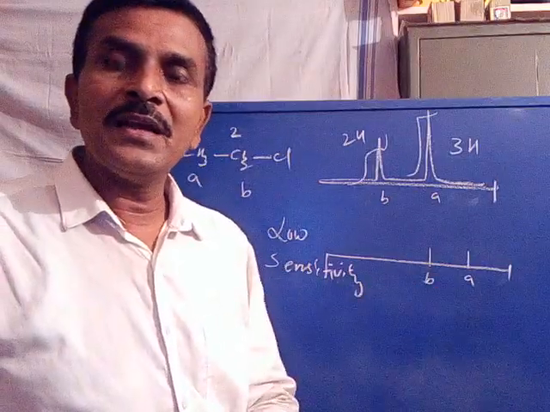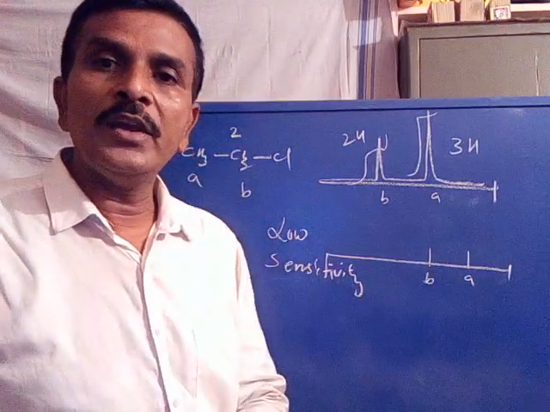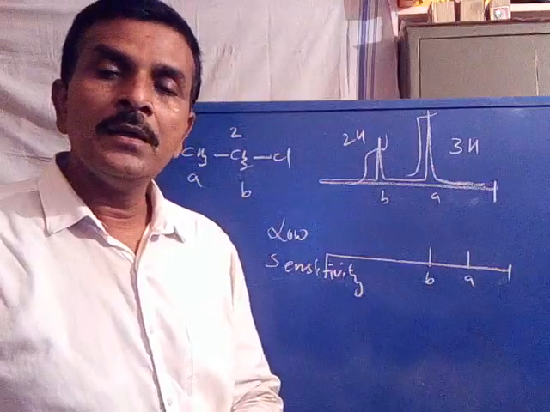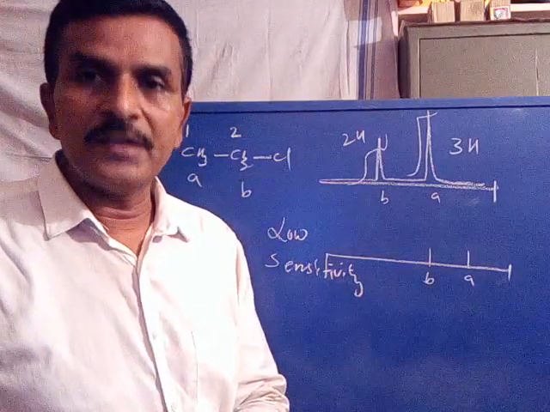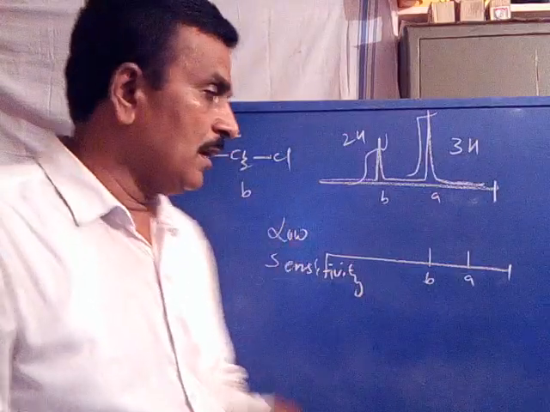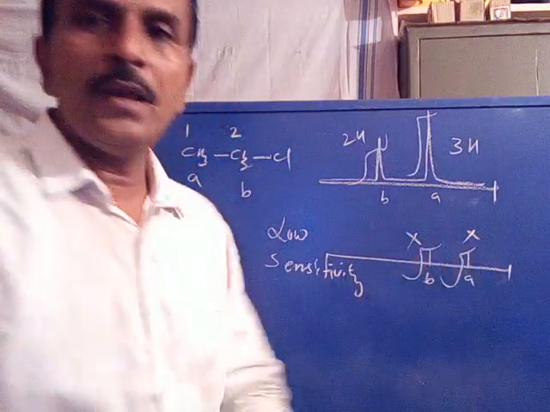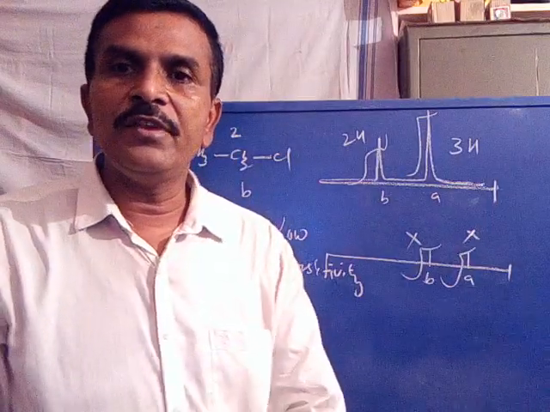Where the carbon signal is of low intensity, because of low sensitivity, integration is not possible. We are unable to integrate the carbon signal. So integration becomes not possible with carbon signals because of low sensitivity.